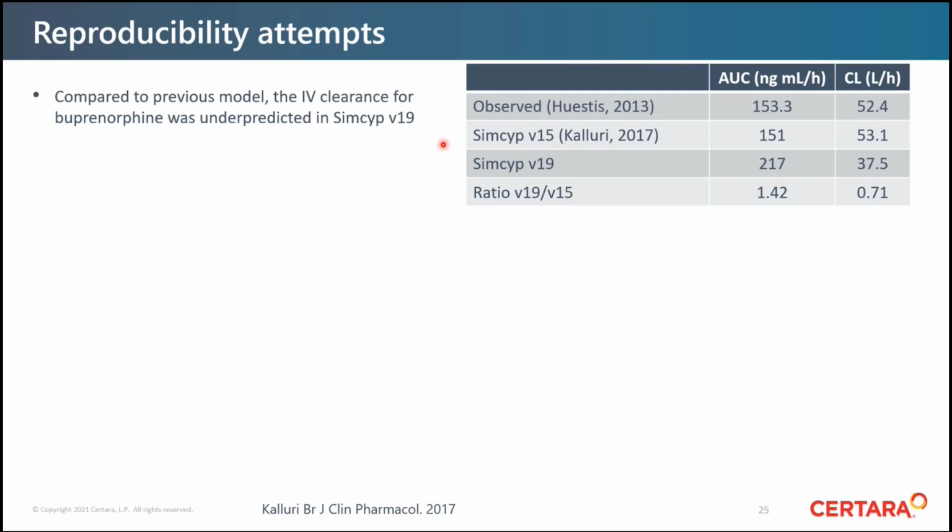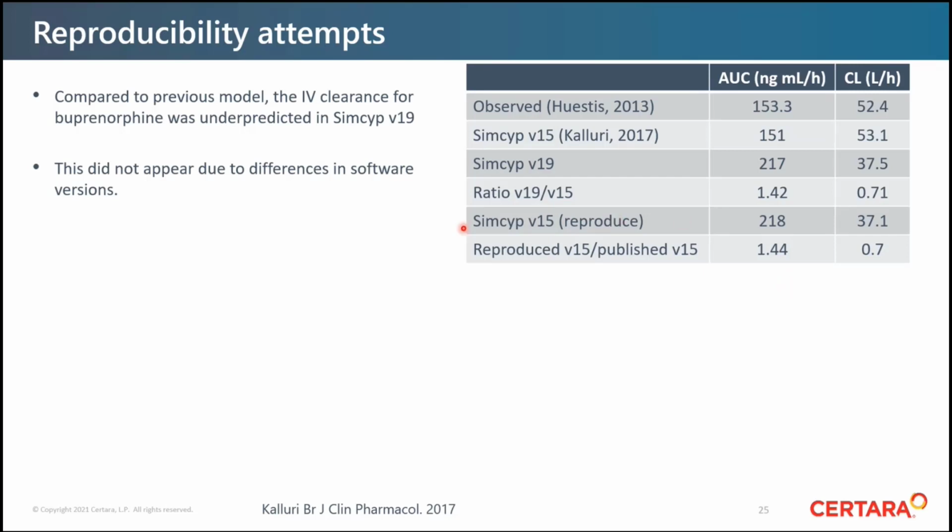We realized that the IV clearance we were getting was quite a bit different from the clearance previously predicted in version 15 of SimCYP. We had a 30% lower clearance than what they had predicted in the publication. One reason might be the different versions, since parameters sometimes change between versions and the expression level of an enzyme as we get additional information on a population or enzymes.